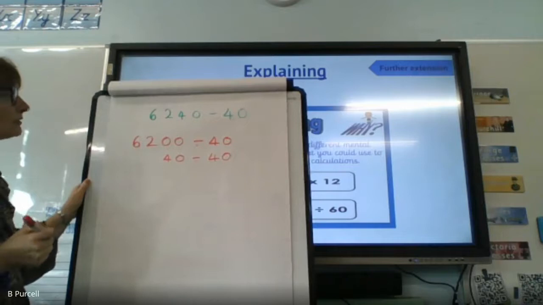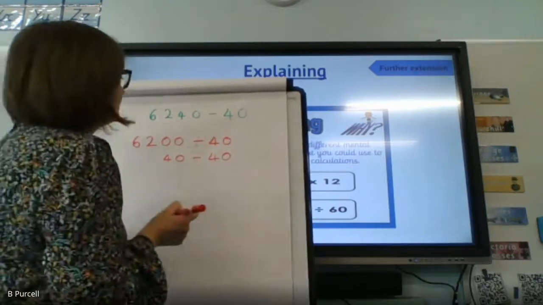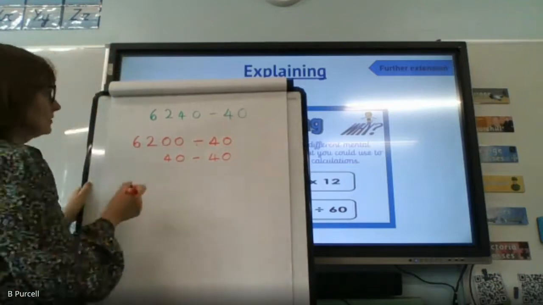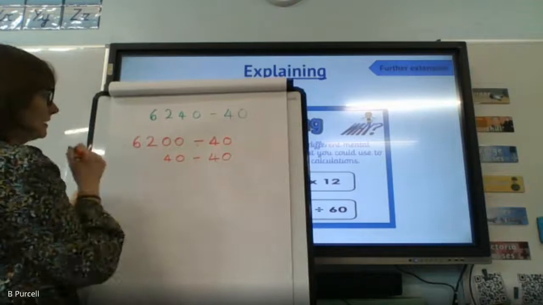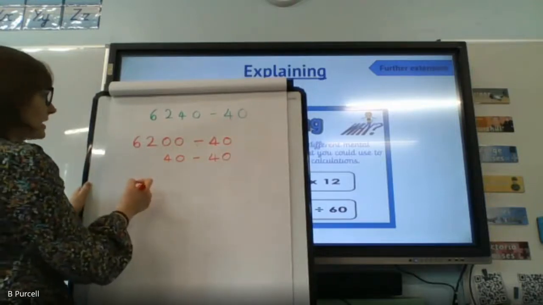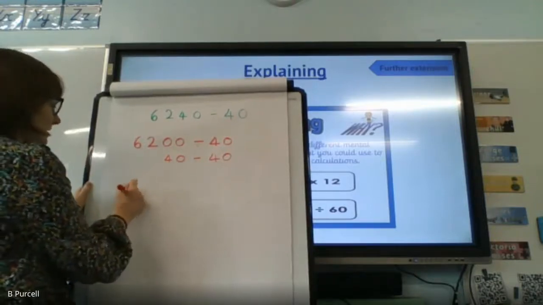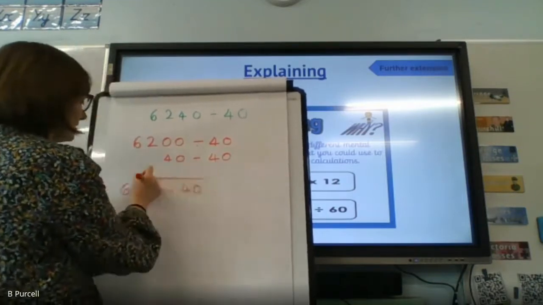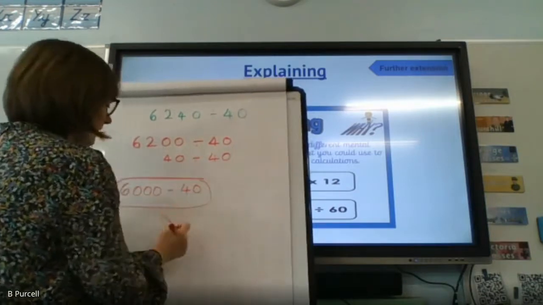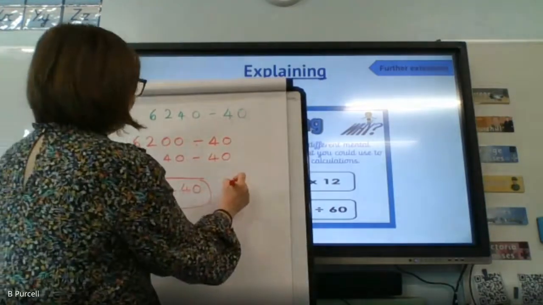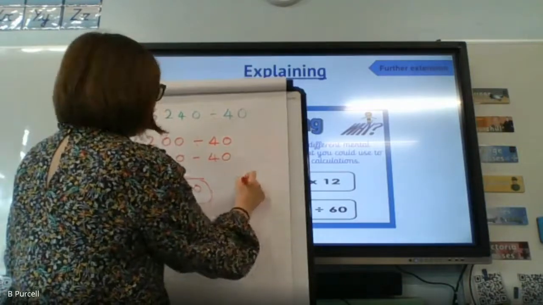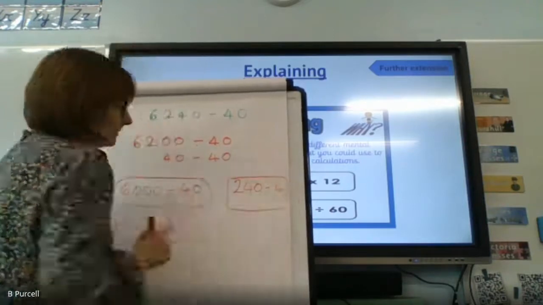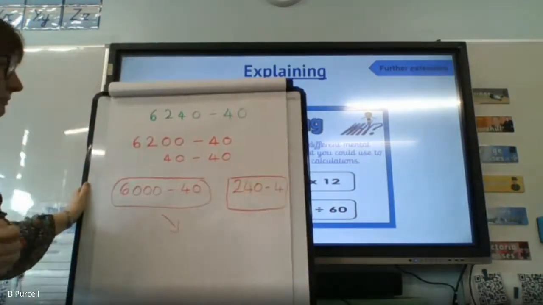Or I could then, of course, use my part-whole model, and I could still have the same calculation, and then I could say 6,000 divided by 40 as one of my parts, and then I could say 240 divided by 40, and then calculate my answer.